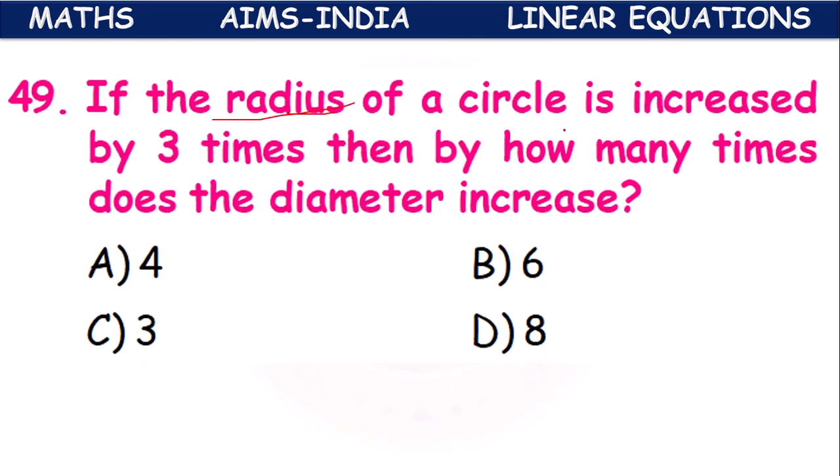If the radius of a circle is increased by 3 times, then by how many times will the diameter increase? Sorry, we know that diameter equals 2r.